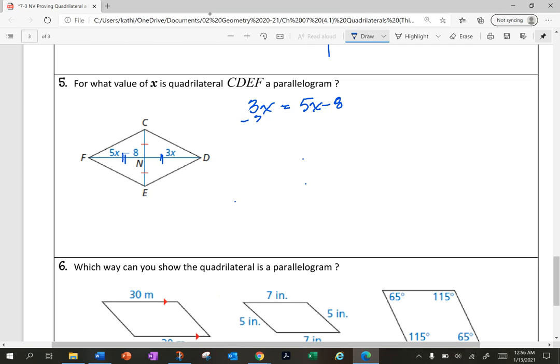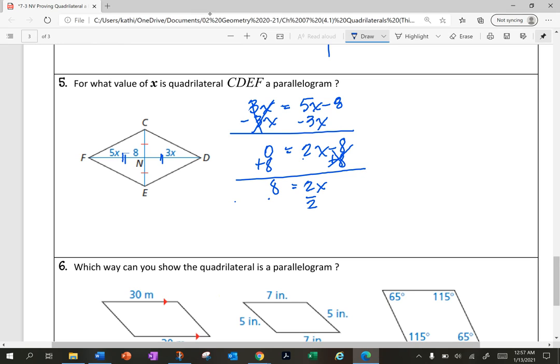I subtract 3x from both sides, so 0 equals 2x minus 8. I add 8, so 8 equals 2x. I divide both sides by 2, and I get 4 equals x. So I solve for the variable. When my diagonals bisect each other, my quadrilateral is a parallelogram.